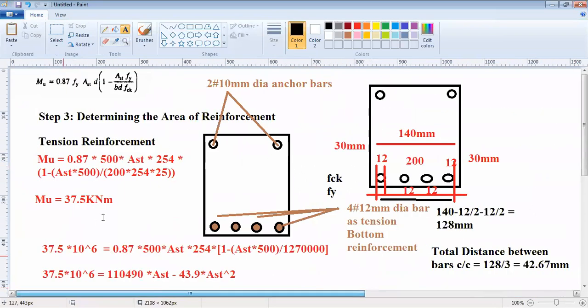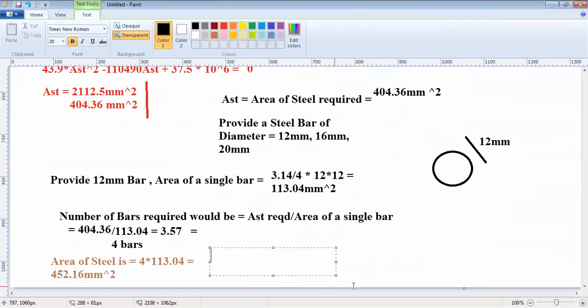Percentage of steel is 452.16 divided by B cross D, BD into 100. This is how you get the percentage of steel over the area of cross section. So it's 452.16 mm square divided by B is 200, D is 300, into 100.